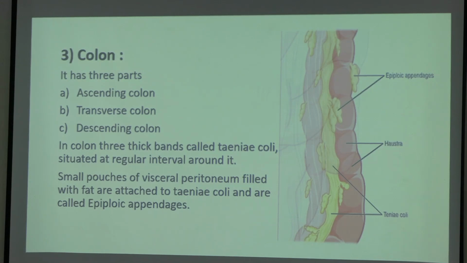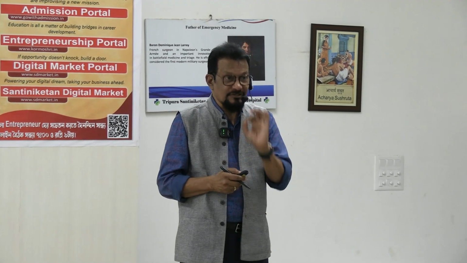And this fecal matter should hold some amount of water. When all the water is absorbed, the stool becomes very solid, so it will be very difficult in defecation. We call it constipation.